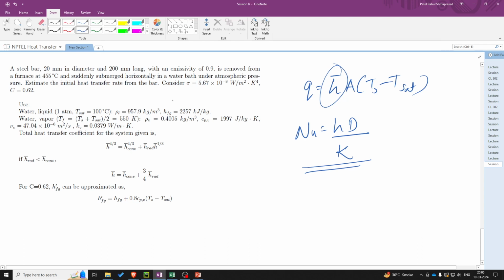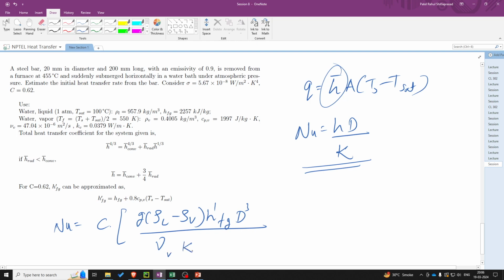and then we have to use this Nusselt number correlation, that is Nusselt number is C times this parameter. I will just write the equation over here: g into (rho L minus rho V) into h dash fg d cubed upon gamma V, this is the dV kV, into delta T, that is the excess temperature, raised to 1 by 4.